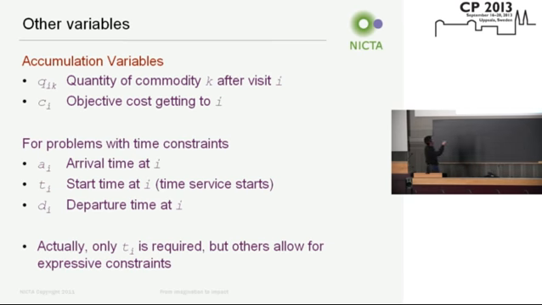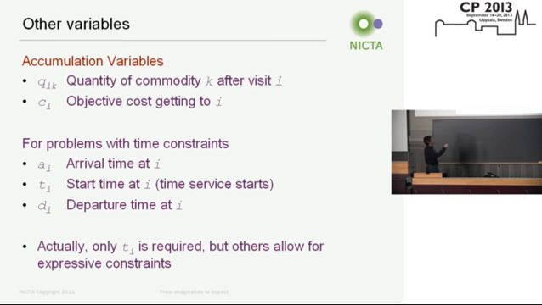Now, once again, Di might be considered to be redundant. I can work that out. If I've got a fixed service time, Di is simply Ti plus my service time. But by having it as a variable, it opens the possibility of having variable load times. So I might say I've got a load time of 5 for one vehicle, and a load time of 10 for a different vehicle.